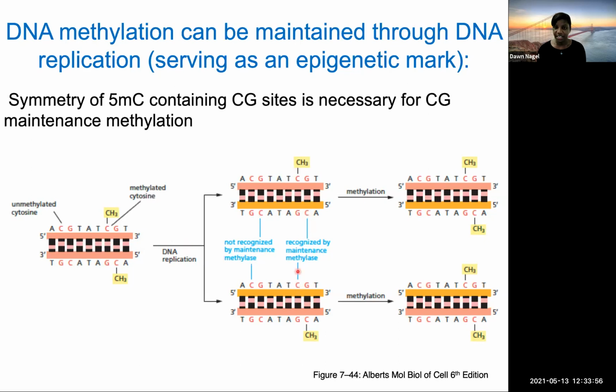However, this is recognized by a methylase within the genome, and they will scan those types of DNA and add a methyl group to it. So in the end, both strands will be methylated, and this is a way to maintain this CG methylation throughout cell division and DNA replication.